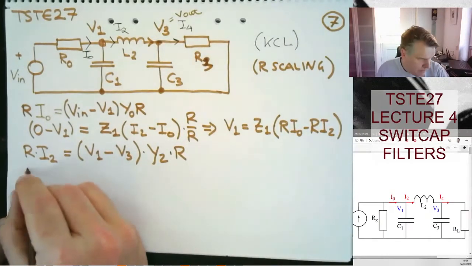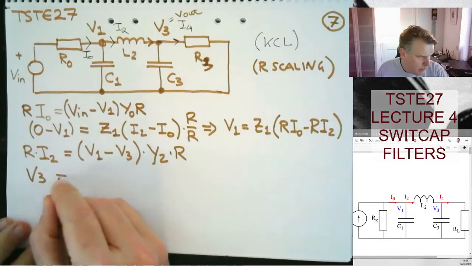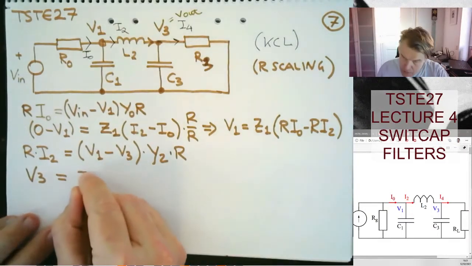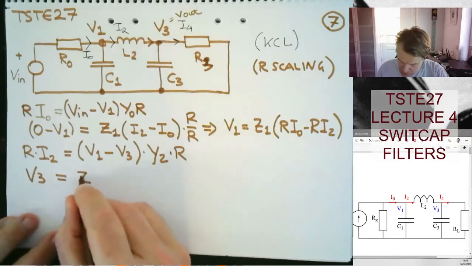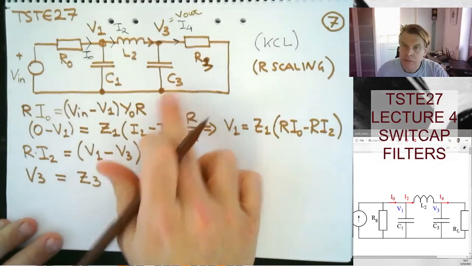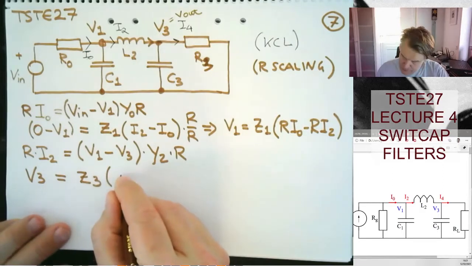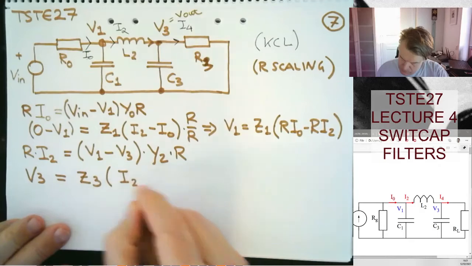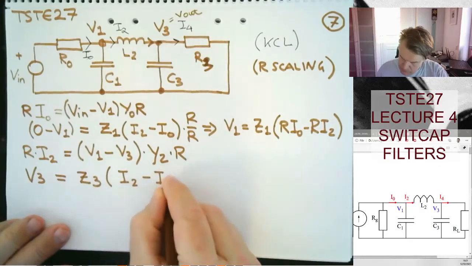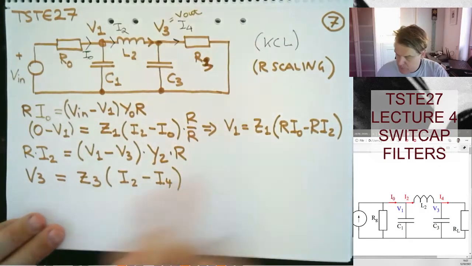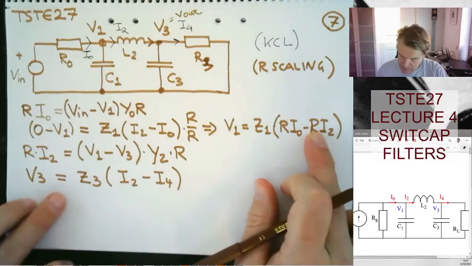And then we have V3 is now equal to Z3, this guy, times I2 minus I4. I'm using this pattern at the moment then.